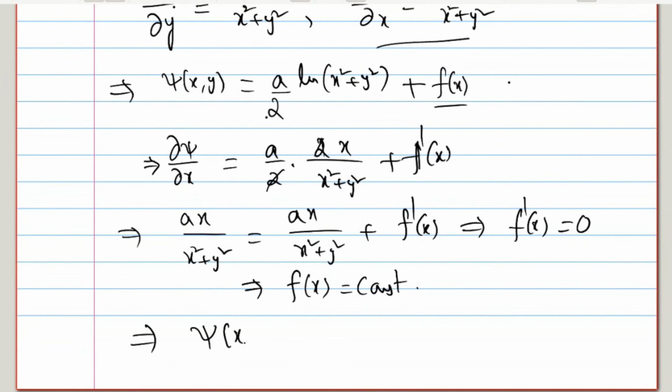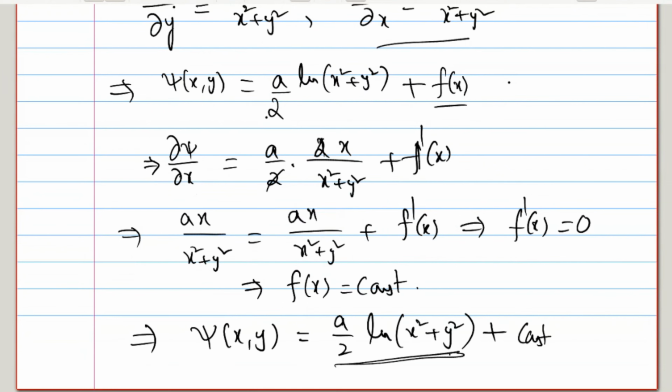So the stream function turns out to be a/2 times ln of (x² + y²) plus some constant. The constant doesn't affect anything, because psi equal to constant gives the streamlines, and a constant added to a constant is another constant.